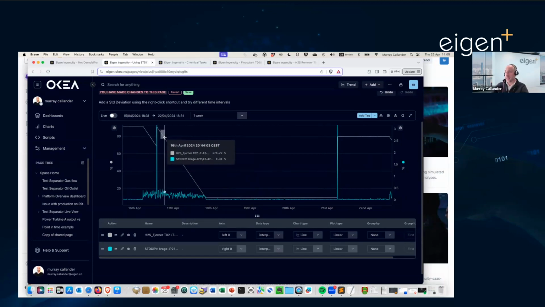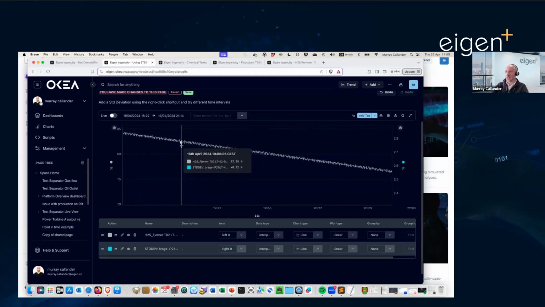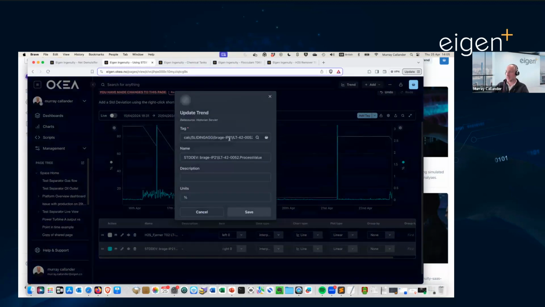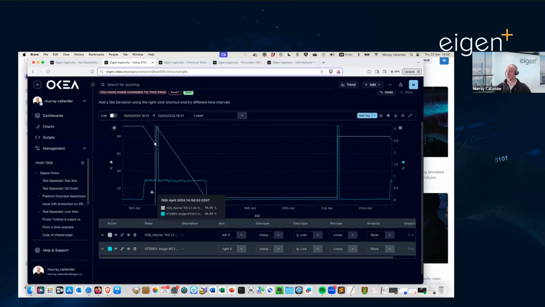In reality, if I zoom in on the level on this tank, we actually see quite a lot of variability. So in practice, it wouldn't work to just take 10 minutes, but we can increase it. We could increase it to say 1 hour.